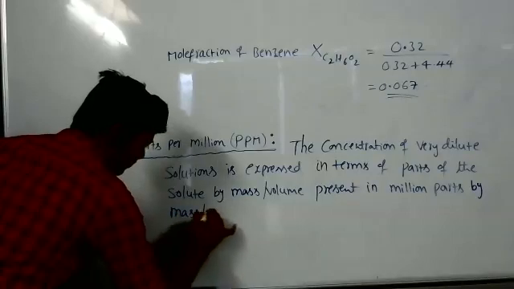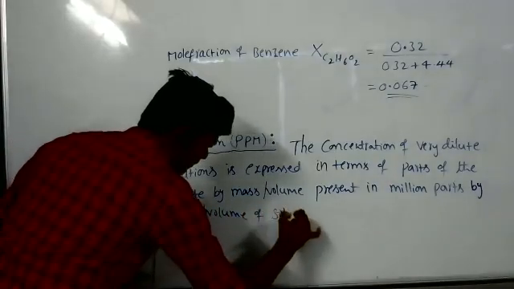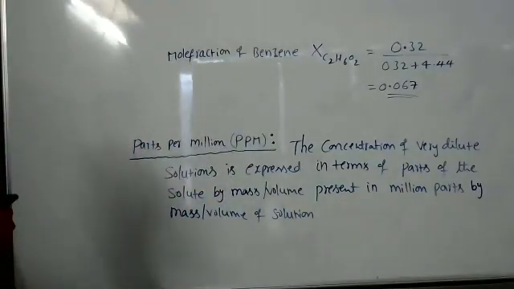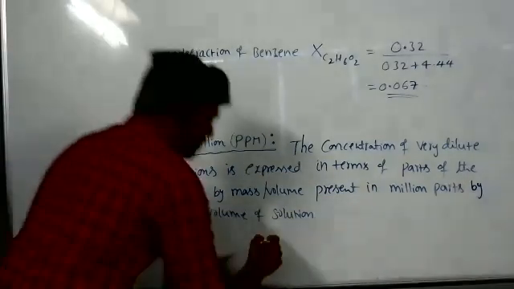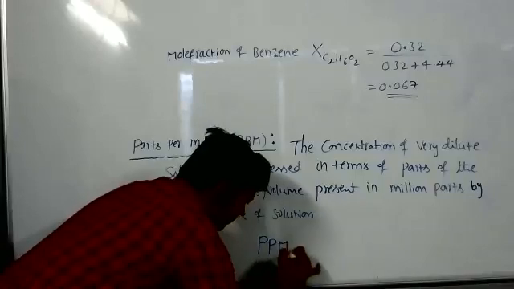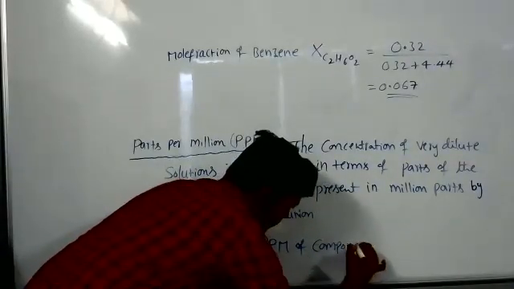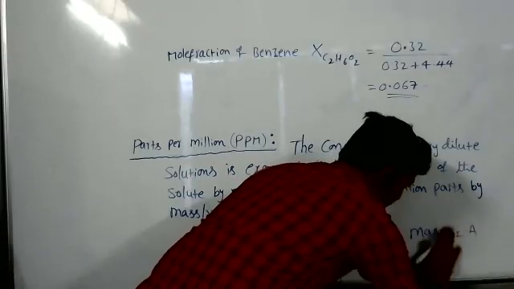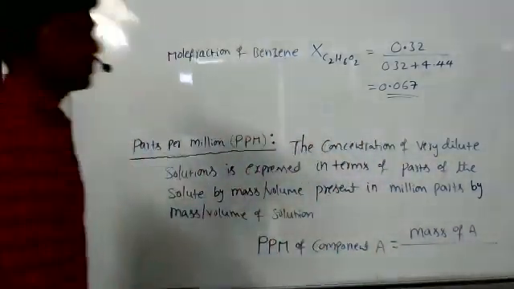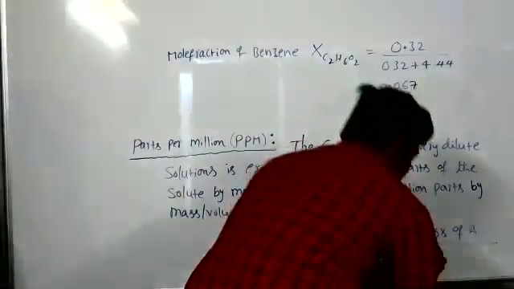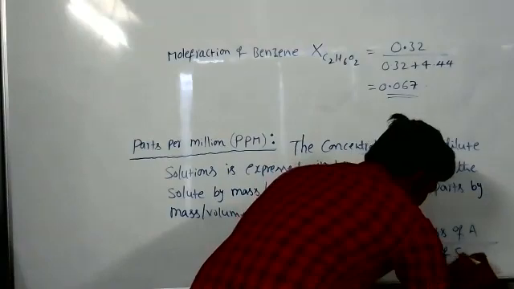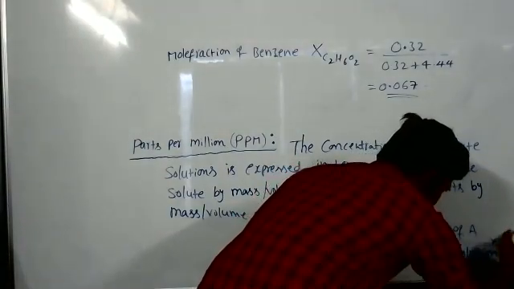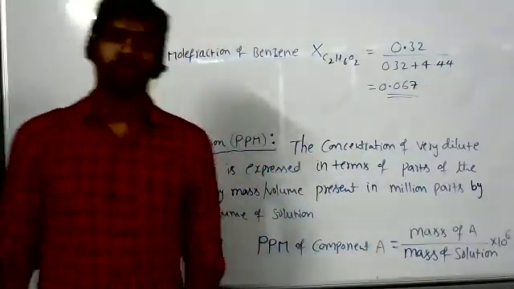We can apply it by mass or by volume also. So ppm of component A is the mass of A divided by the mass of the solution, into 10 power 6. Instead of mass, we can take volume also.